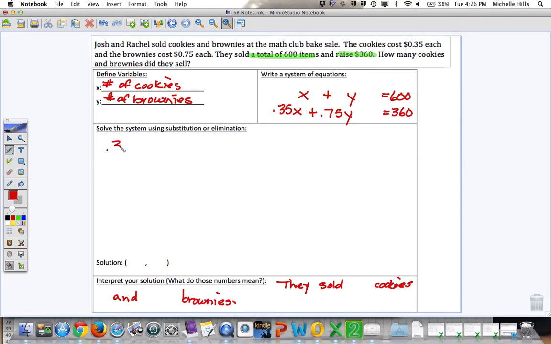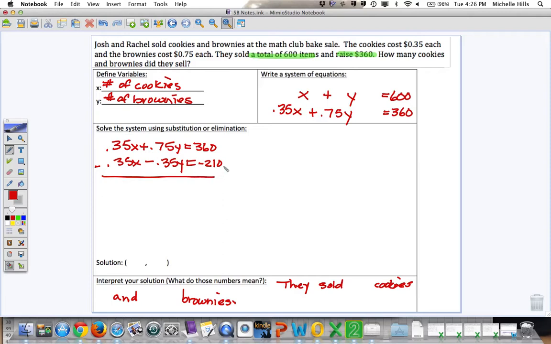I'm just going to bring down that second equation, 0.35x plus 0.75y equals 360. But as I bring down the first equation, I'm going to multiply it by negative 0.35 so that I get opposites, and I can eliminate x. So as I multiply the first equation by negative 0.35, I get negative 0.35x minus 0.35y equals, and I've got to check this, negative 0.35 times 600 is negative 210.